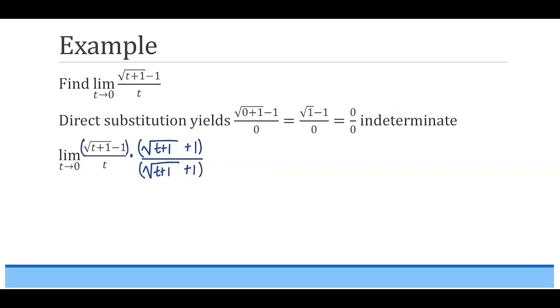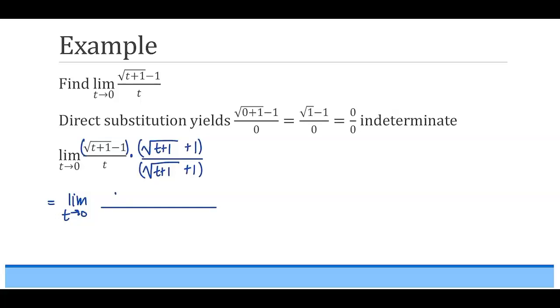And now we're going to go ahead and multiply. Since I multiplied by the conjugate here, across the numerator, the square root of the quantity t plus 1 times itself, well, the square roots cancel, and in the numerator, I'm just going to have a t plus 1. So I still have to write limit. The limit as t approaches 0.